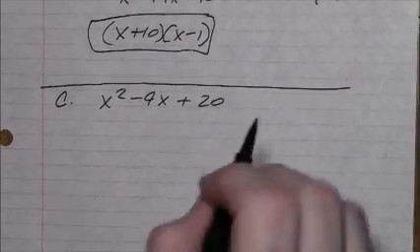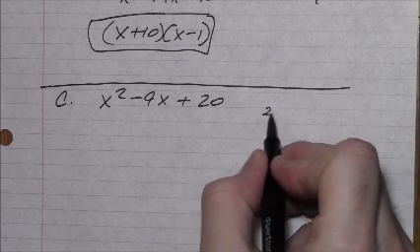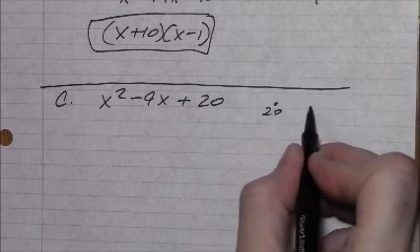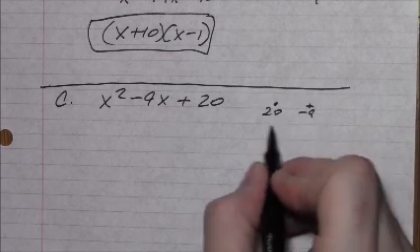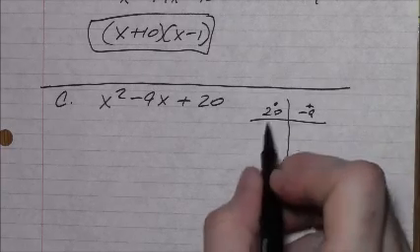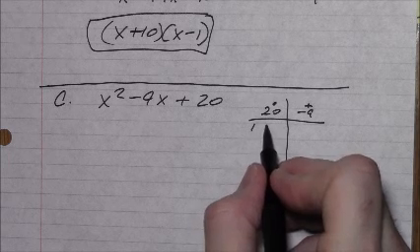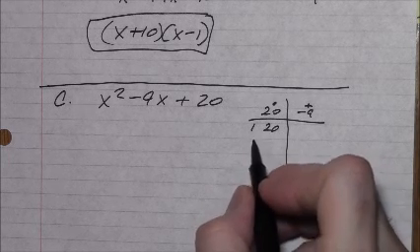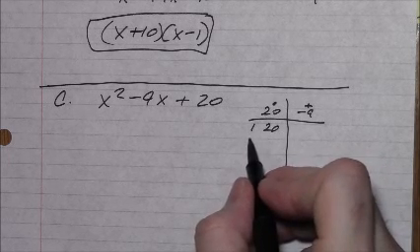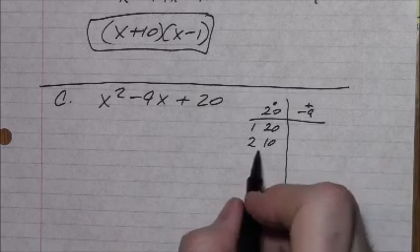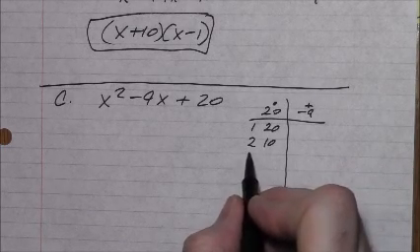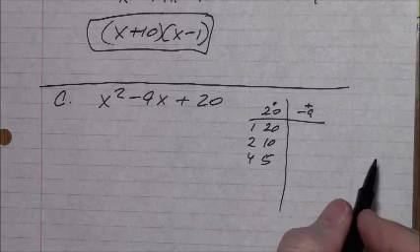Alright, so let's do the same procedure though. I'm going to put the number 20 here for multiplying and then adding to the number negative 9. So to make 20, I can do 1 and 20. I can do 2 and 10. I can do 4 and 5.